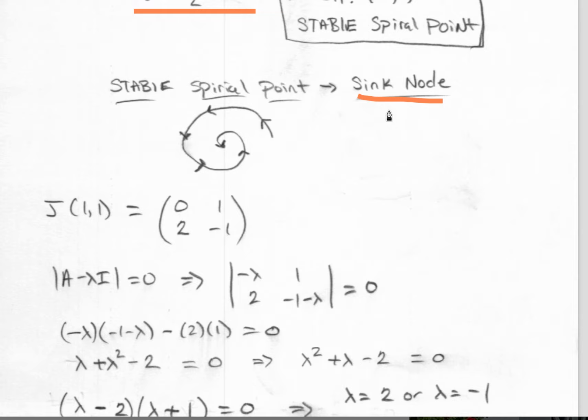It often gets called a sinking node because you can think of it as sinking down the drain of a sink. If it was going out, it would be called an unstable spiral node, and that's often called a star node. It's like a star starting at the point and going the other direction, so it's spiraling out. So that'd be an unstable spiral point, while a stable spiral point is often referred to as a sinking node or a sink node.